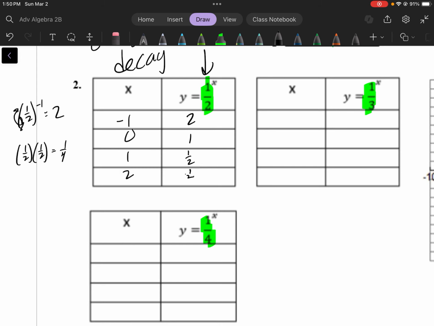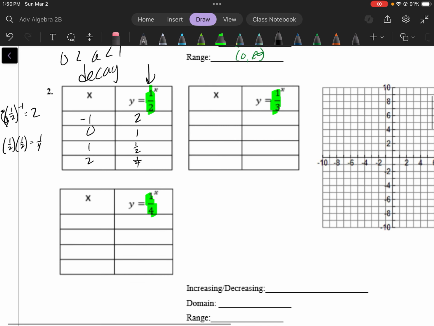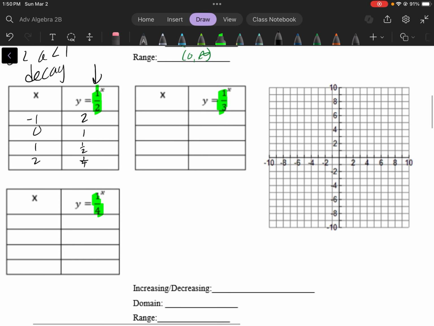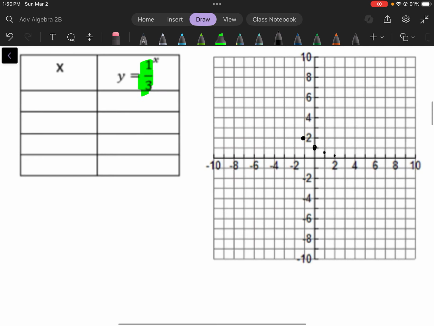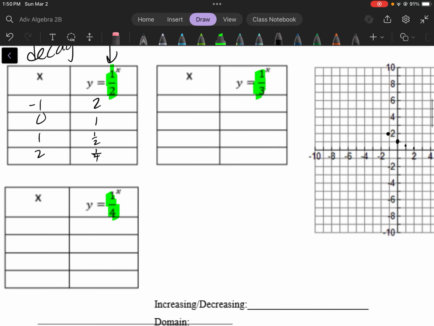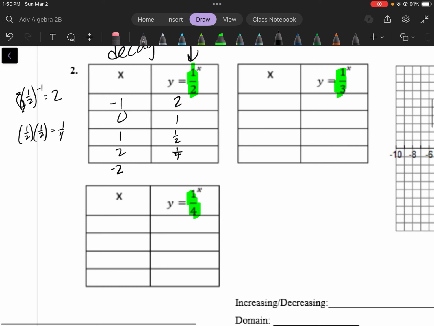And if you notice, as I am plugging in x values, my y values are actually going to get smaller. So when I go to graph this, -1, 2, 0, 1, 1, 1/2, 2, 1/4, my numbers are going to start getting smaller. But let's get an idea of what's going on as we go to the left. If I plug in -2, that would be 1/2 to the -2.